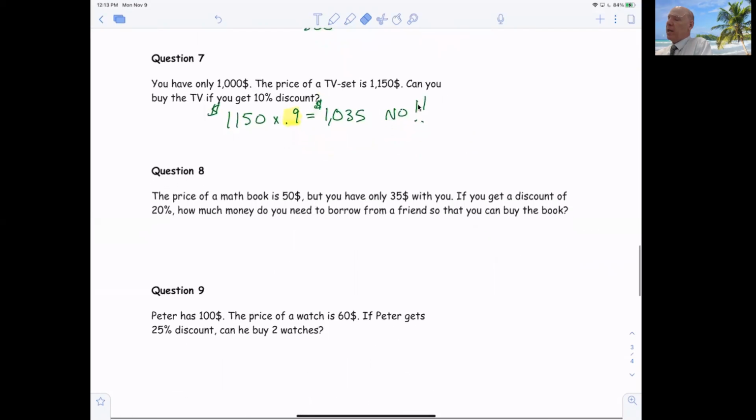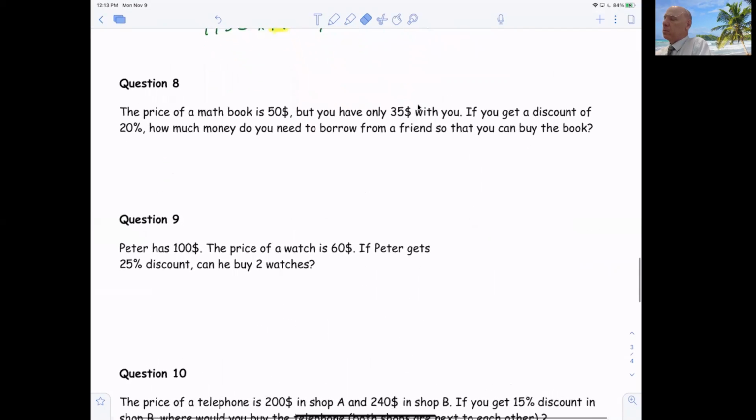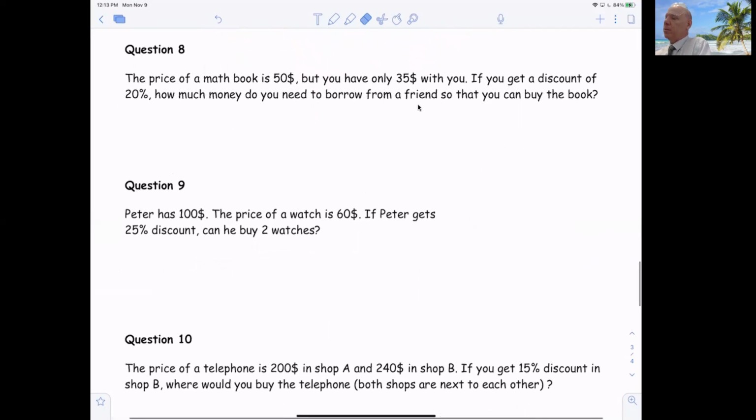Okay, question 8, go. Jolie, go. All right, let's go. Come on, figure this out. 15.